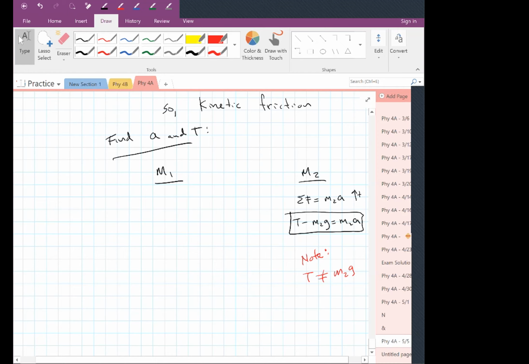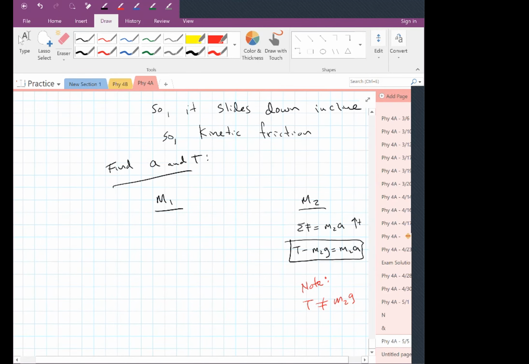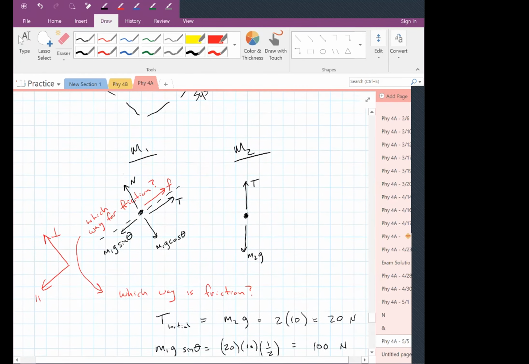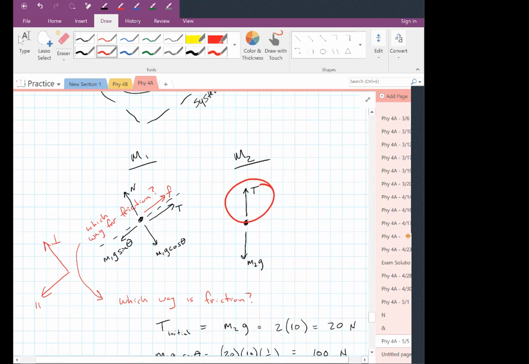But once you let go and this thing starts to move and accelerate, the tension in the rope cannot be equal to mg anymore, or M2 would not accelerate. Look at our free body diagram for M2. We've got a force up, we've got a force down. If those are equal, there can't be any acceleration. So once we let go and let it move, the tension becomes greater than M2 g, and M2 accelerates upward.